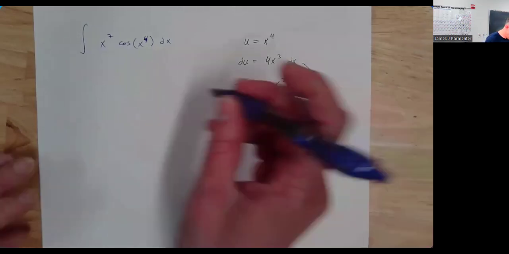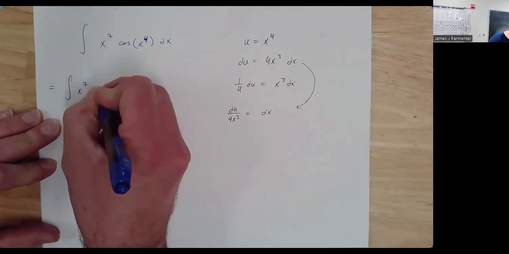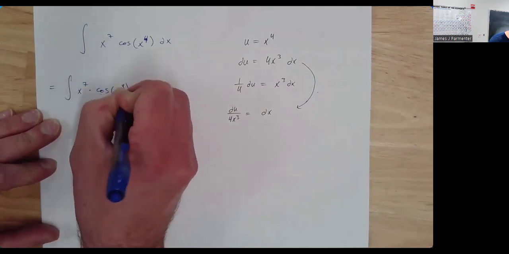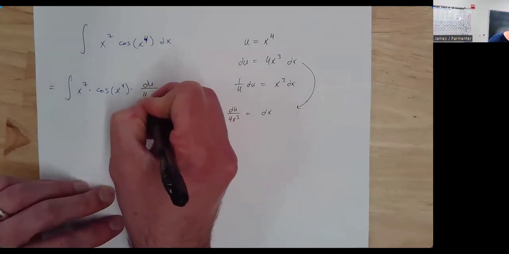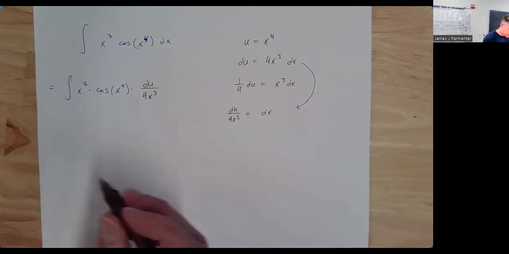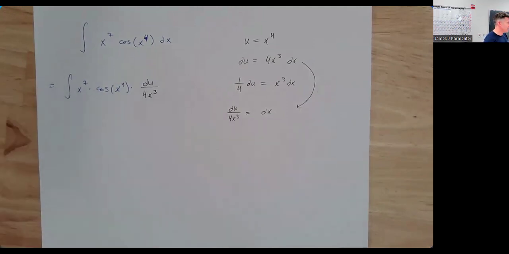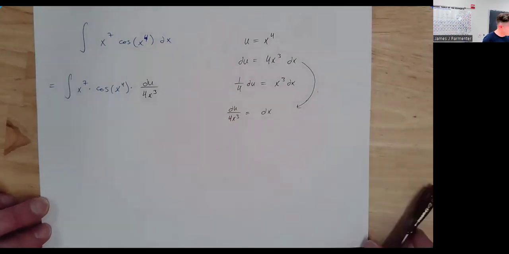So I'm going to rewrite my integral as the integral of x to the 7th times cosine of x to the 4th times du over 4x cubed. And then I want to cancel the x cubed as soon as I can. Well, x to the 7th divided by x cubed is going to leave me with an x to the 4th.